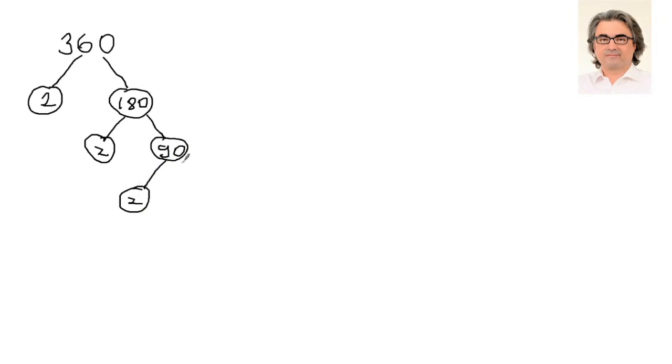So for 90 again apply 2 times 45. What about 45? Is it possible to divide 45 by 2? No. What about 3? After 2, 3 comes. So right here 3, and if you divide 45 by 3 you will get 15. What about 15?